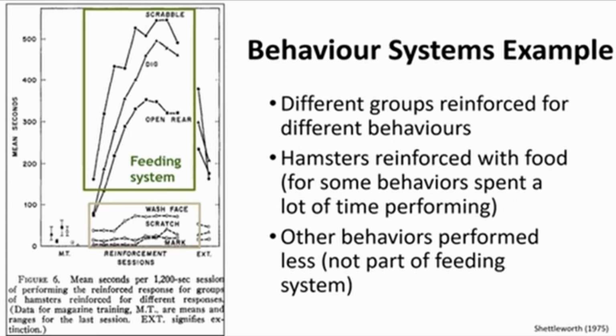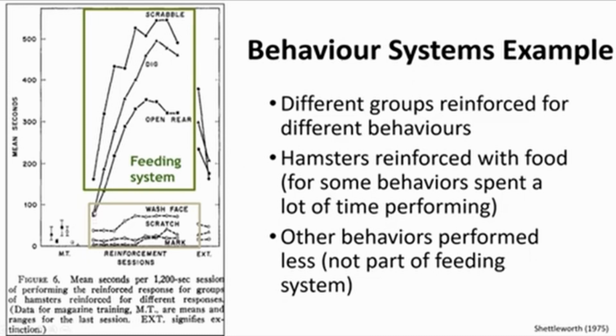Triangles are digging, squares are open rearing, open diamond shapes are washing their face, so we were seeing a little bit of each of those. But this is just to show us that any of these behaviors are not much more common before training.